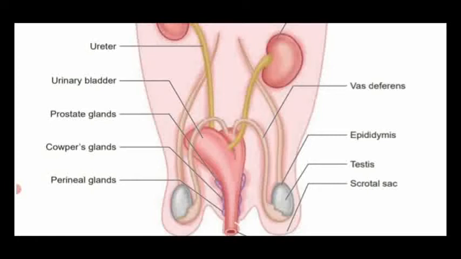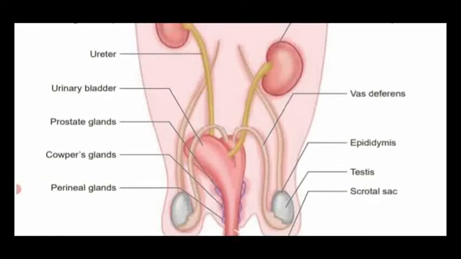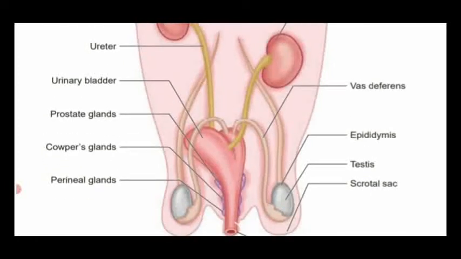The seminiferous tubules all join together to form a coiled tubule called the epididymis. The epididymis afterwards leads into the vas deferens. See the right side, they have given the epididymis. The epididymis is made up of numerous fine tubules. Then after that it leads into a small duct called the vas deferens.